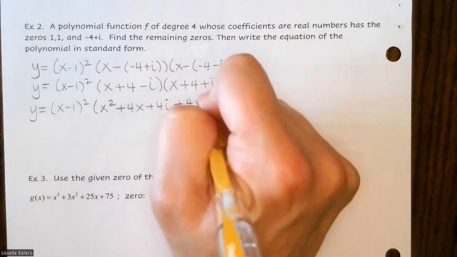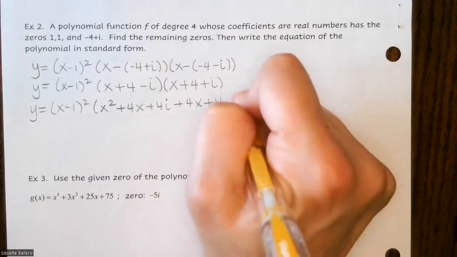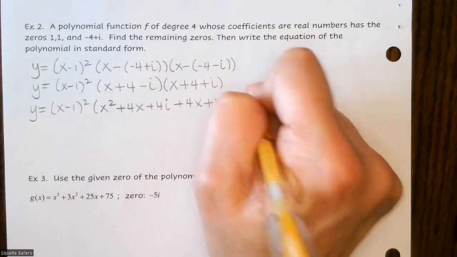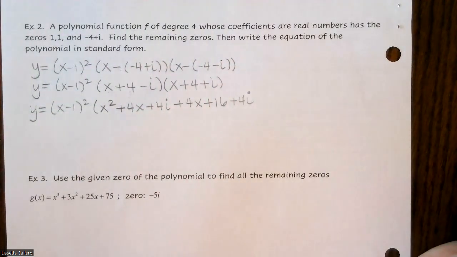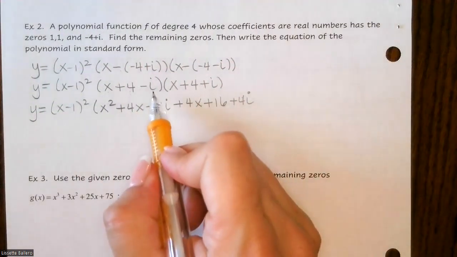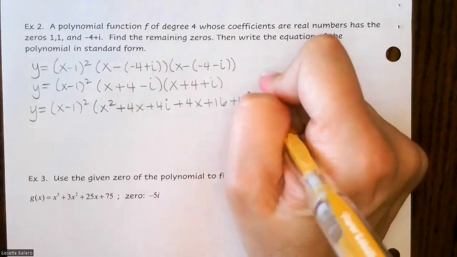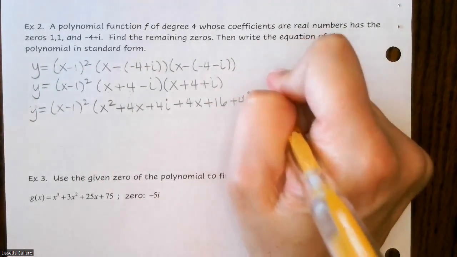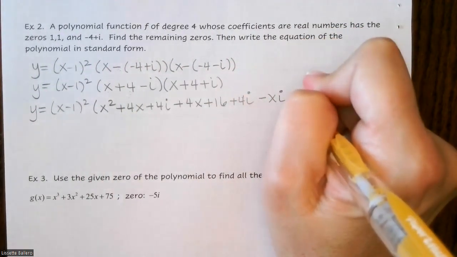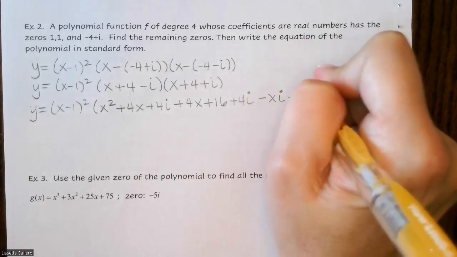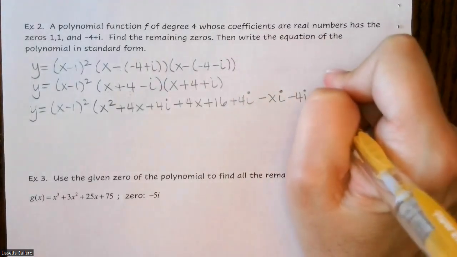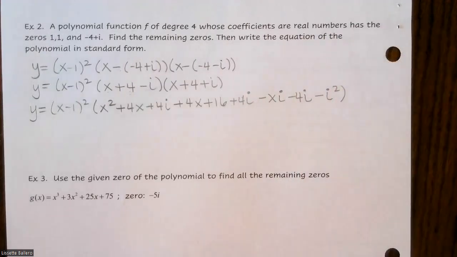And so that gives me 4x plus 16 plus 4i. Now I'm going to distribute this negative i. And so I get negative xi, negative 4i, and negative i squared.